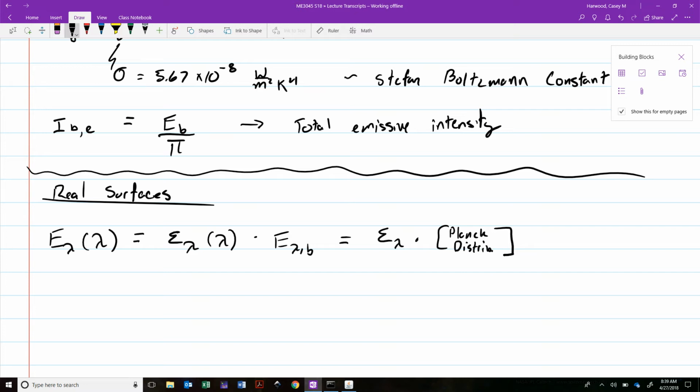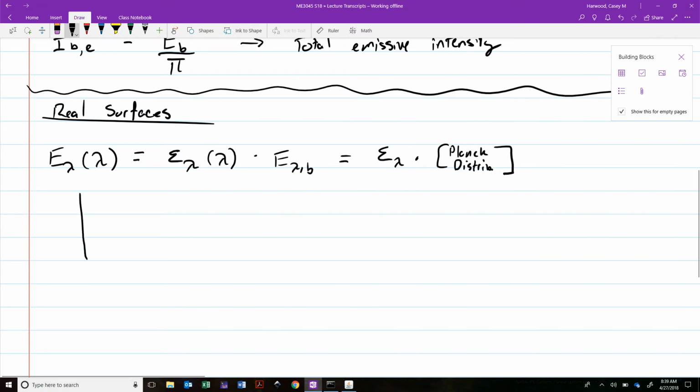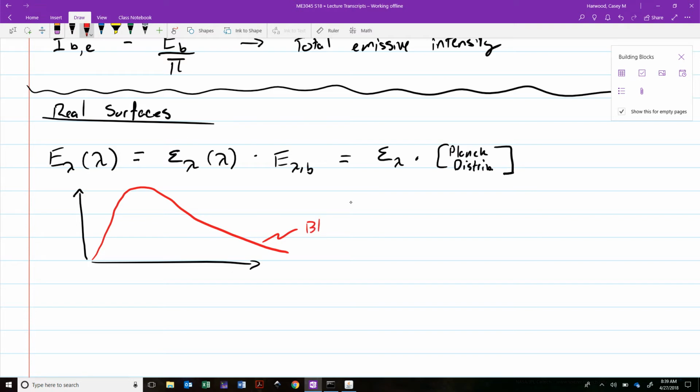Okay. So graphically, what this would look like is, say we've got our nice ideal black body radiation. And so this is our Planck distribution right here. Let's put here lambda and E lambda.